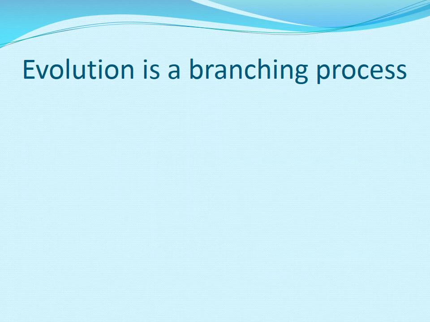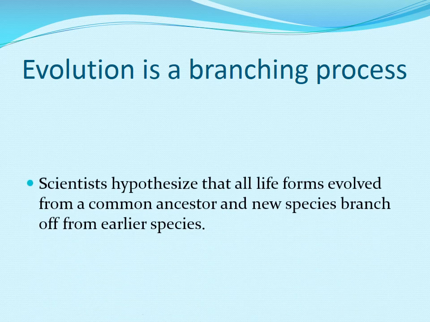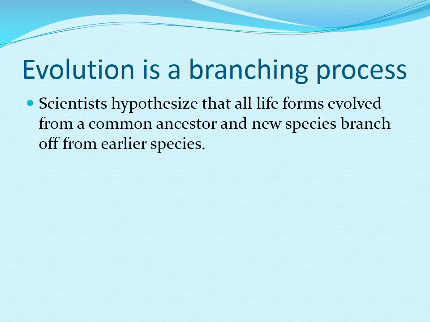Evolution, though, is not necessarily a straight shot. I mean, like you see in what I just showed you with the horses. Oftentimes, there's a lot of branching that occurs. And scientists hypothesize that all life forms evolved from a common ancestor, and that new species branch off from earlier species.